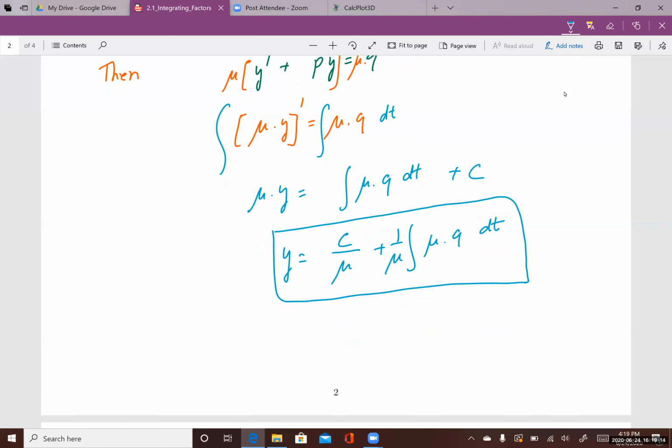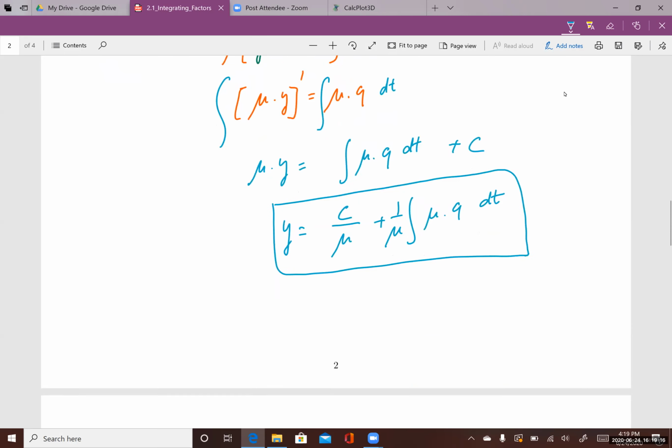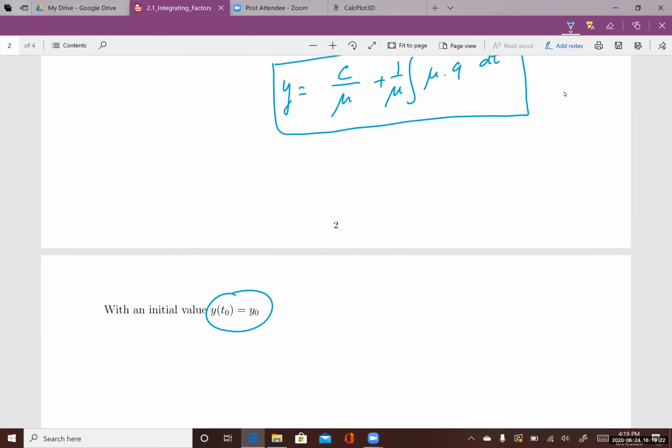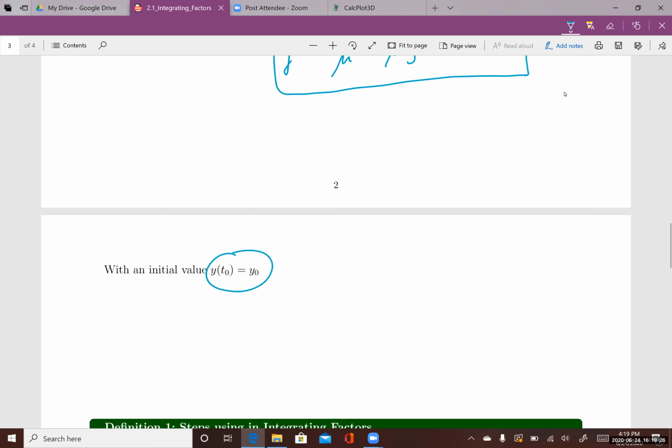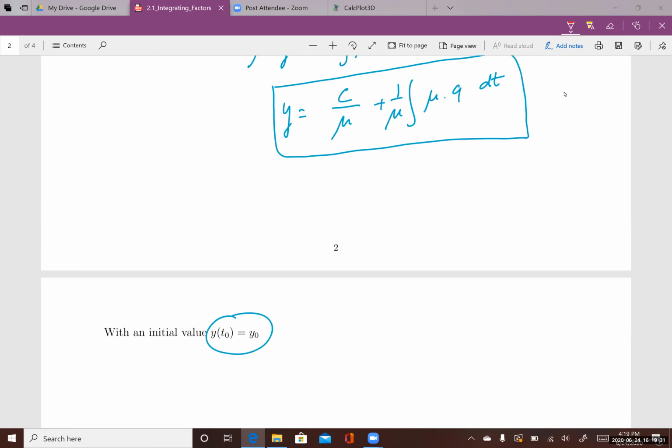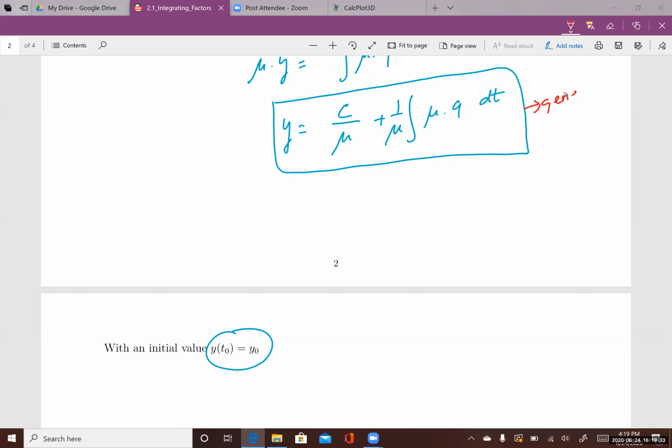And then you want to ask, if you have an IVP, if you're given a differential equation and an initial value, how can you find the particular solution? The way that we can find the particular solution using this general solution is, as always, we want to find the value of c.